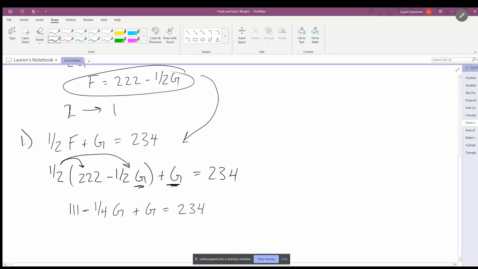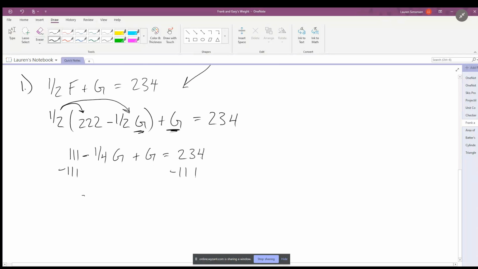So now we have 1/4 of a G, 1 G, and that. So let us subtract 111 from each side. So now we have negative 1/4 G plus G is equal to 123.